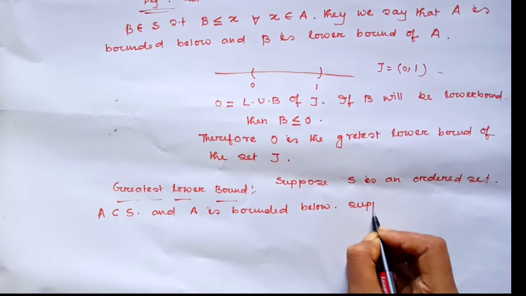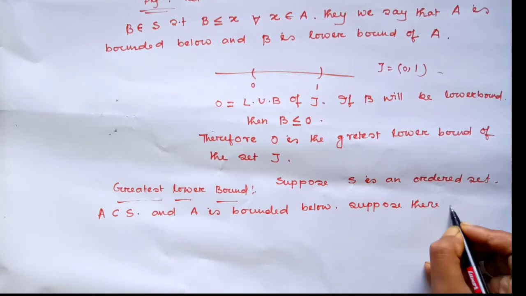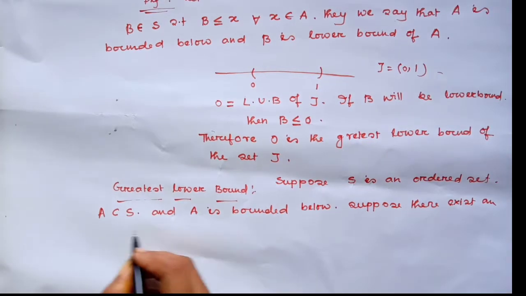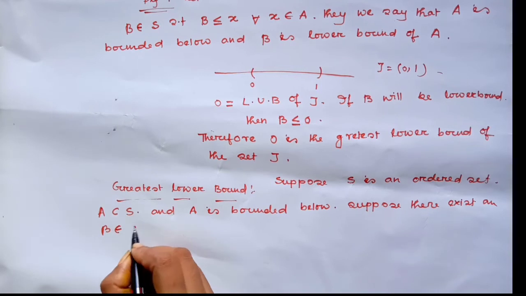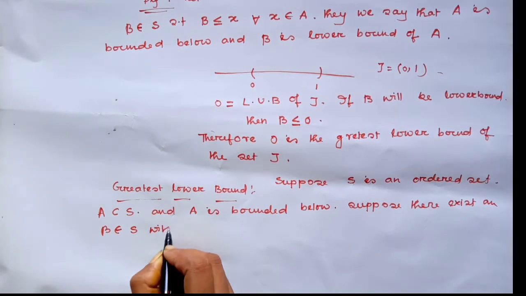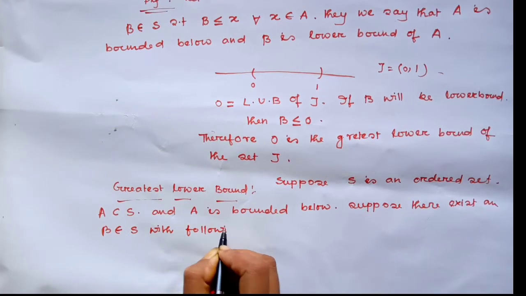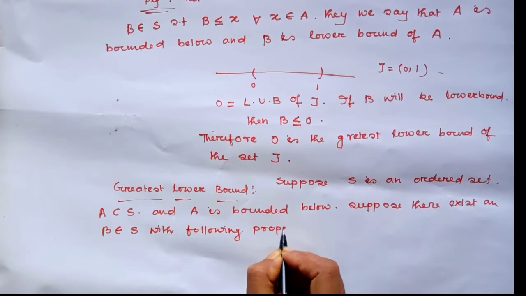Suppose there exists beta belongs to S with the following properties.